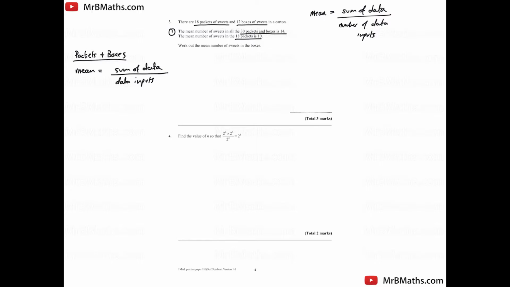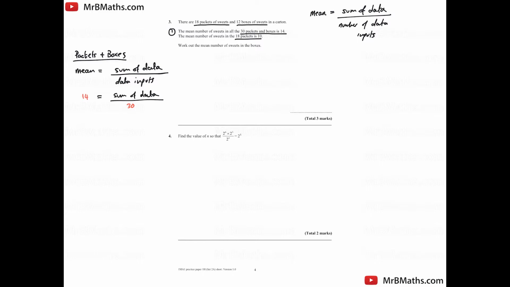And if we fill this in, the mean is 14, so instead of writing the mean, I'm going to write 14. So 14 equals the sum of data, which we don't have, so it remains sum of data over, and they told us that there are 30 packets.